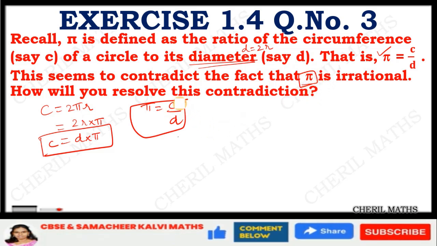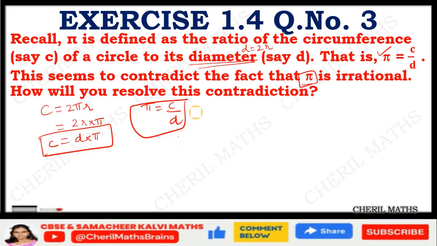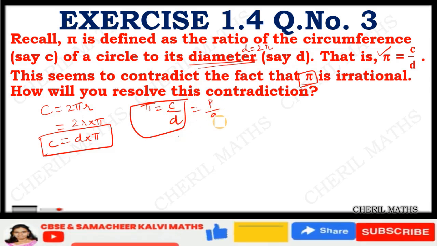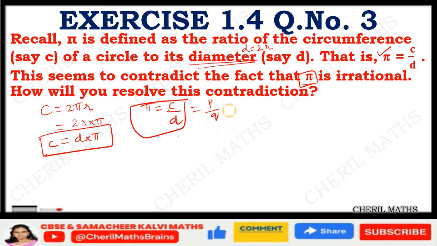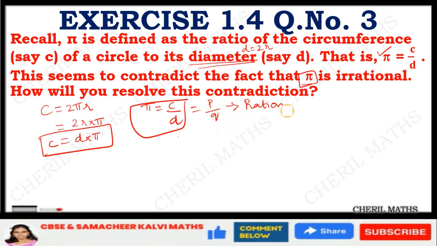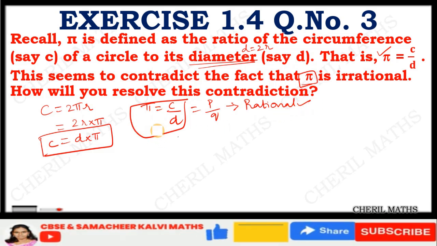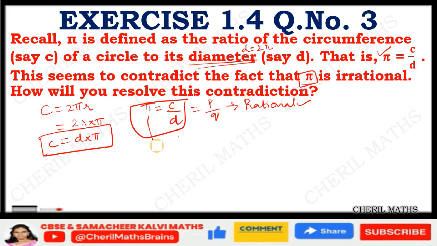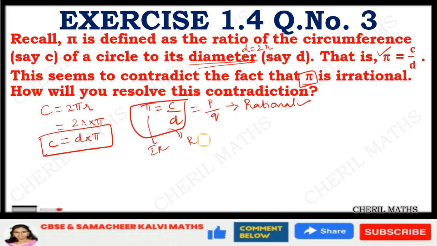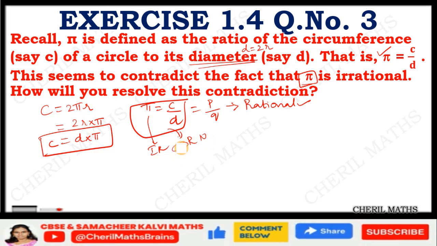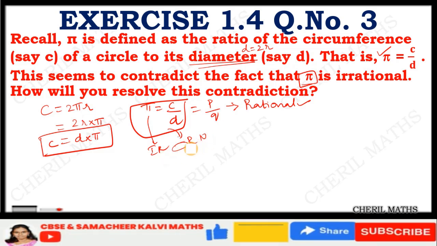But we have C by D here, and we know it is of the form P by Q. So if it is of the form P by Q, it is going to be a rational number. Then we would conclude that pi is irrational and C by D is rational. How will that happen? That will never happen. You cannot equate these both.